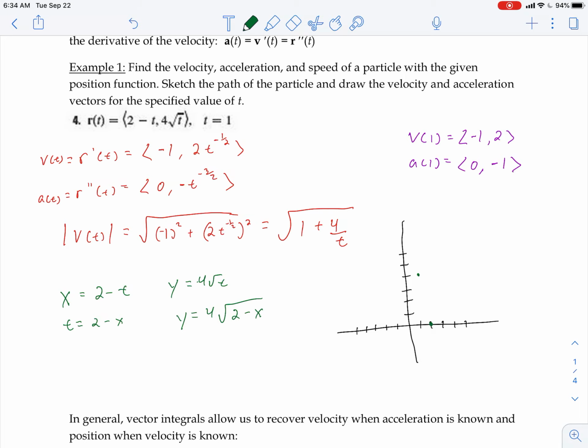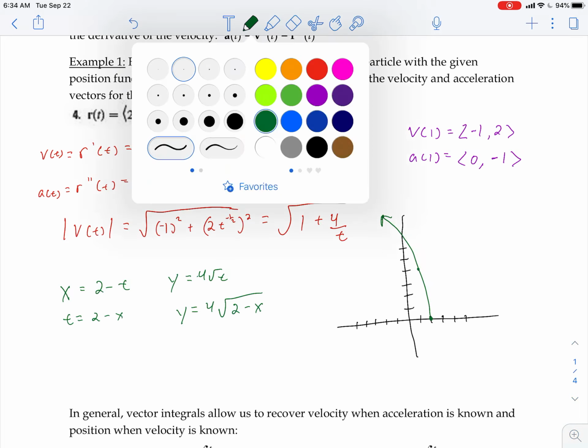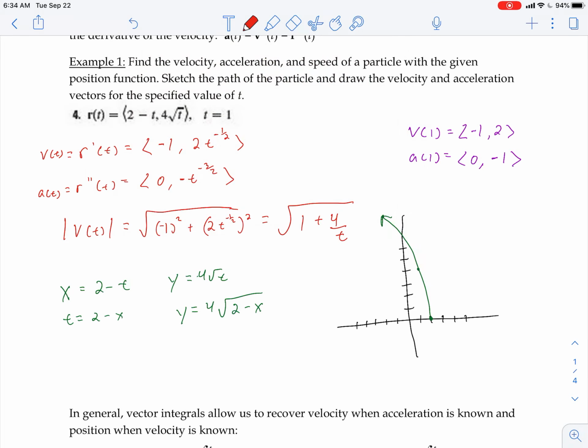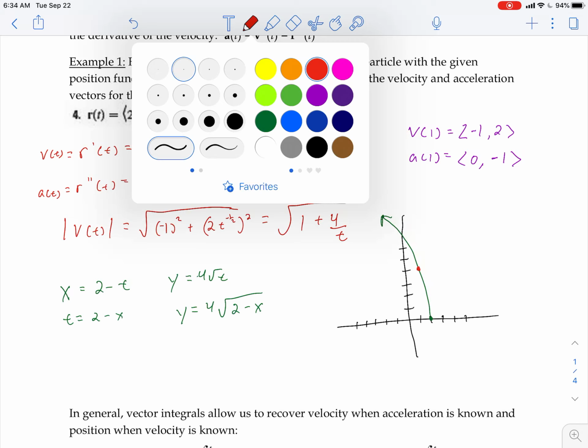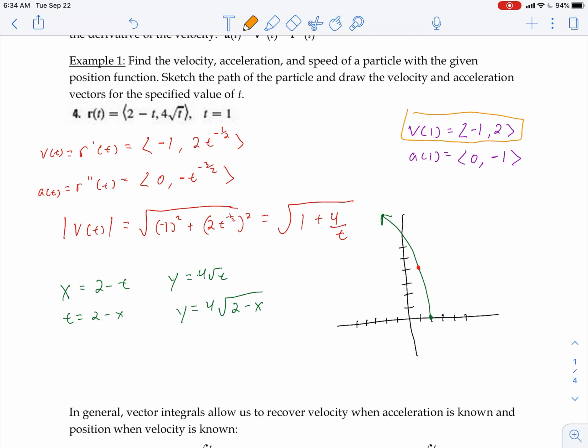So it would give us a value up here. So I'm just going to connect everything that we have. And what we want to do is find the point when t is equal to 1, and plot our velocity and acceleration vectors. So our velocity vector, I'm going to denote in orange. At our point, we're going left 1 and up 2.